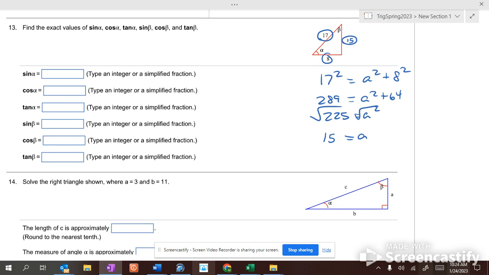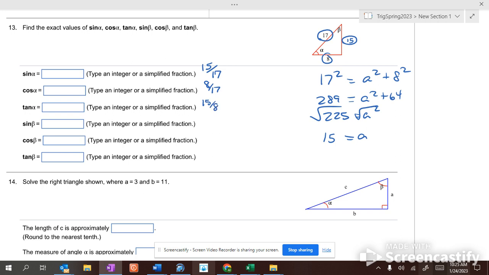Sine of alpha is what over what? Opposite over hypotenuse. Cosine of alpha? Adjacent over hypotenuse. Tangent of alpha? Opposite over adjacent.